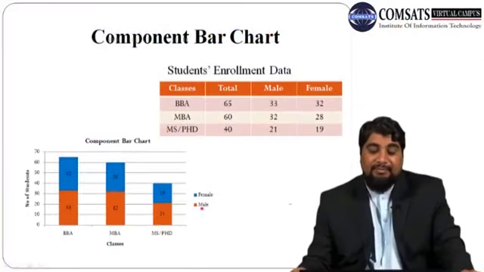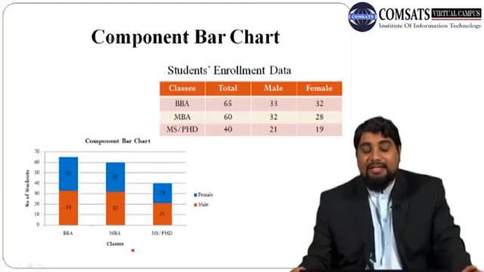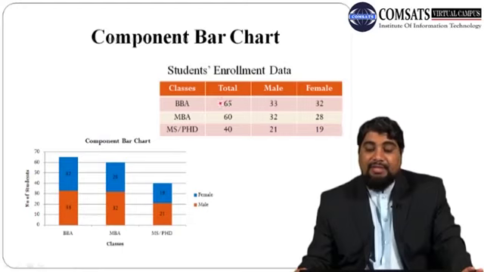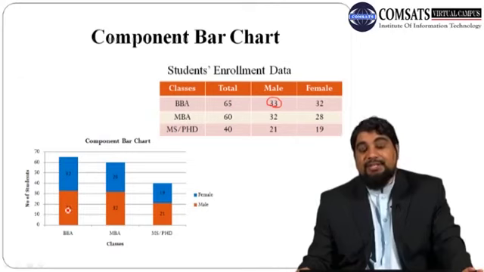Here is the graph. A component bar chart has been shown here. Along the x-axis we have classes BBA, MBA, MS, PhD, and along the y-axis we have the number of students. Look at the first category. There are 33 male students in BBA, so just construct a bar with height equal to 33. This represents the male students.